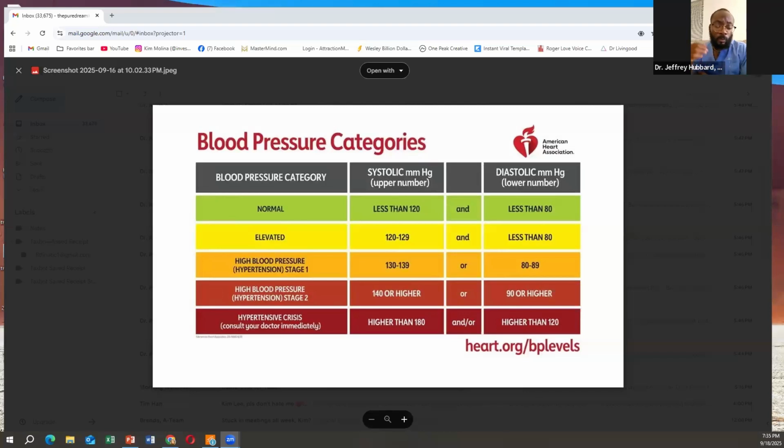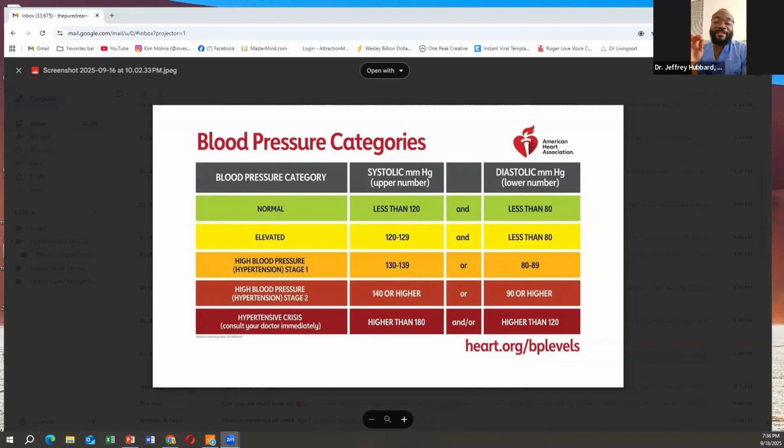So, when I was in med school, I was doing my rotation with a cardiologist, and I had a very poignant conversation with him about blood pressure. Most of you know that my father passed away prematurely from heart disease. And so this is a topic that's very near and dear to my heart, no pun intended.